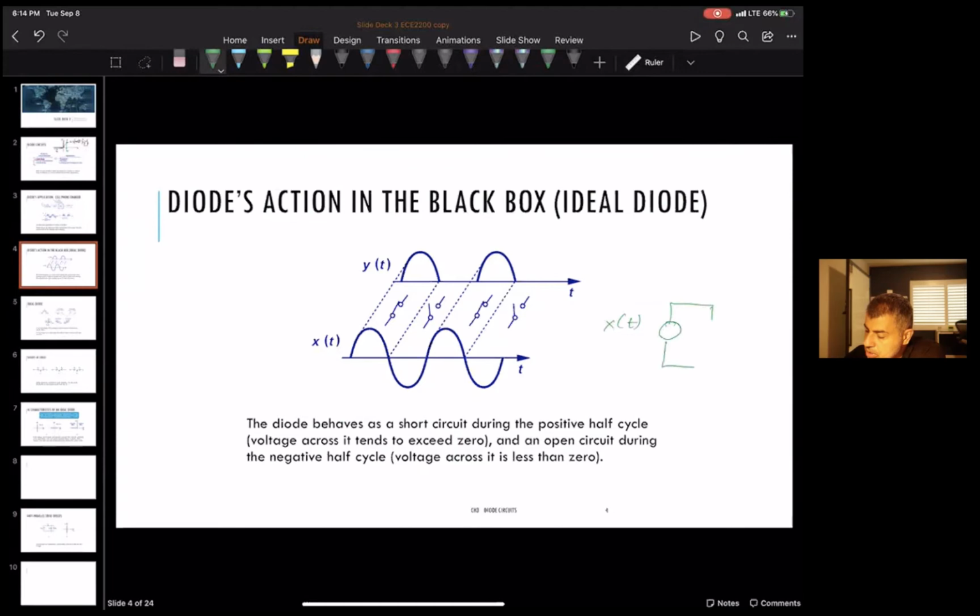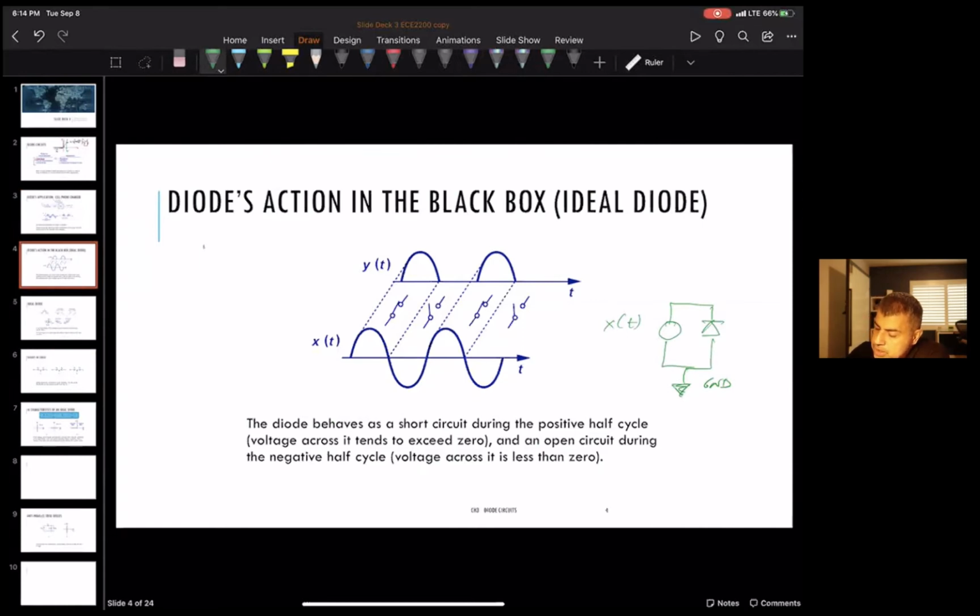Let me draw this. So let's say this was ground for the sake of discussion. Now remember what happens in the model of an ideal diode.